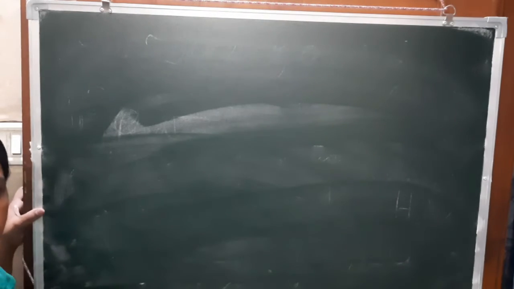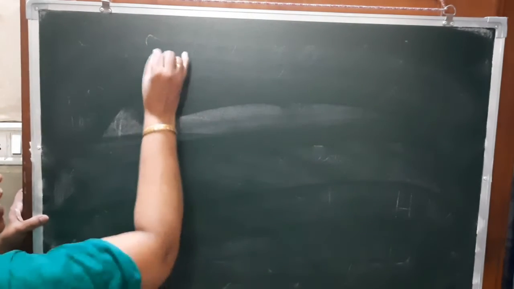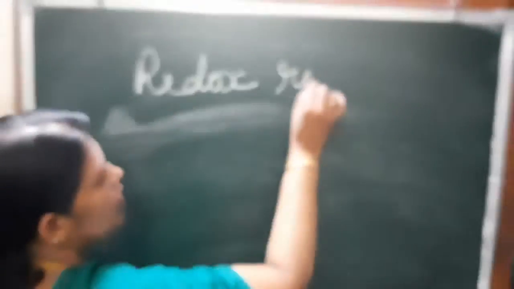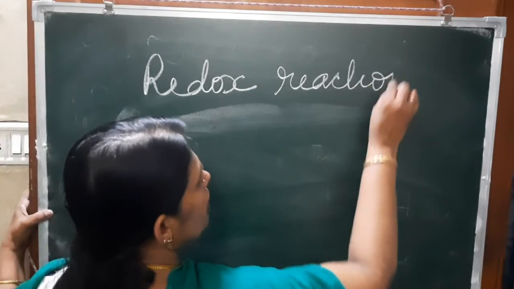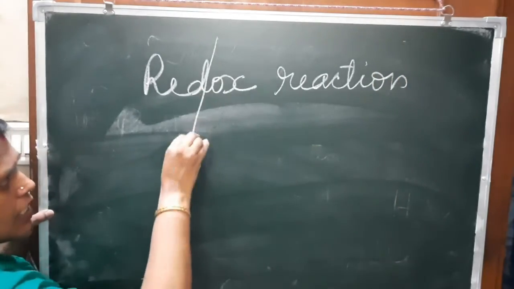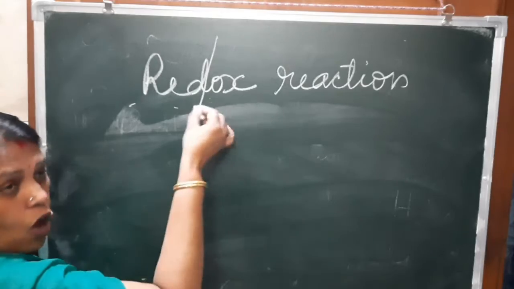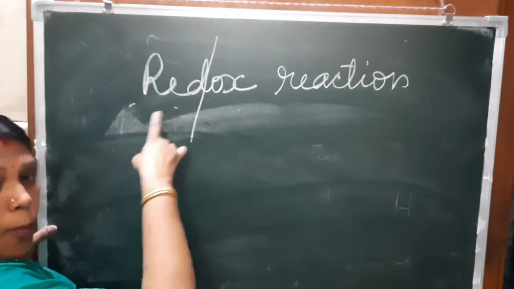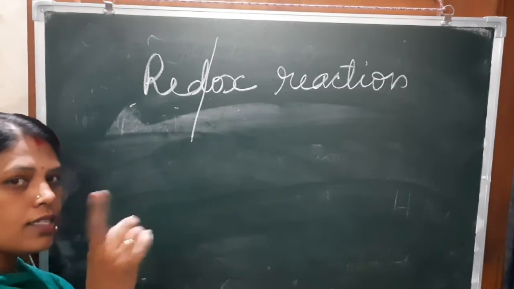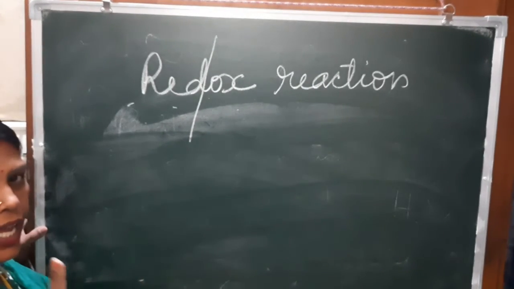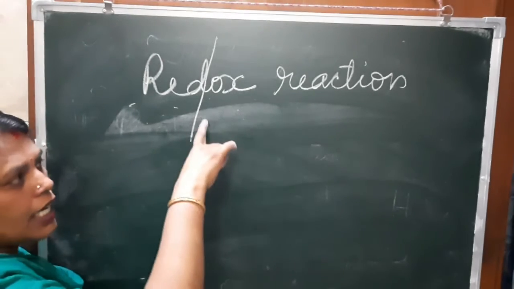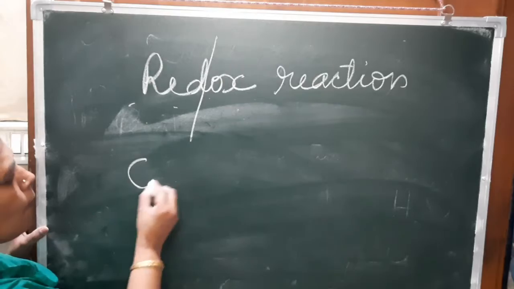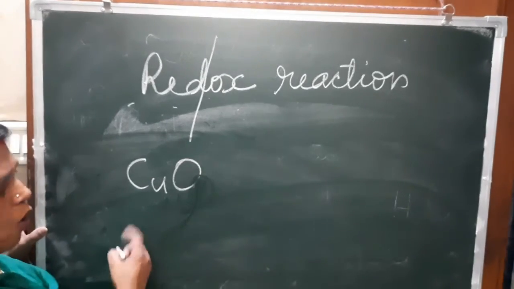So children, the next reaction is the redox reaction. Redox means reduction and oxidation. When both reactions occur simultaneously in a reaction, it is known as a redox reaction. For example, copper oxide reacts with hydrogen.